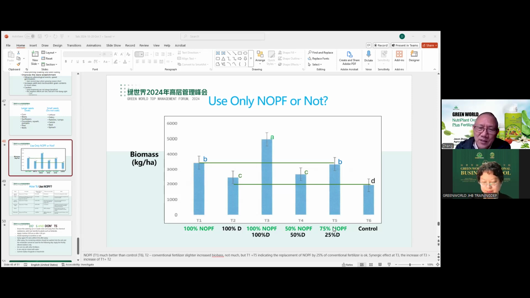The nitrogen is a little bit tricky. Nitrogen is water soluble anytime.